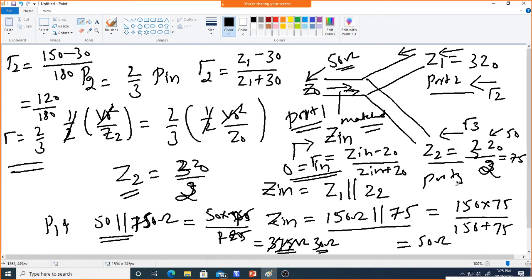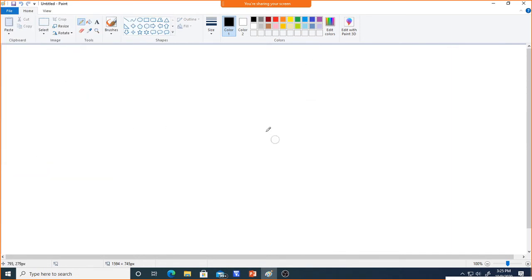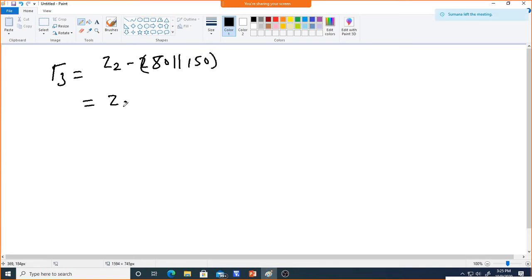Similarly, if you take it at port 3, you need the parallel combination. So gamma 3 equals Z2 minus the parallel combination of 50 and 150, divided by Z2 plus this parallel combination.